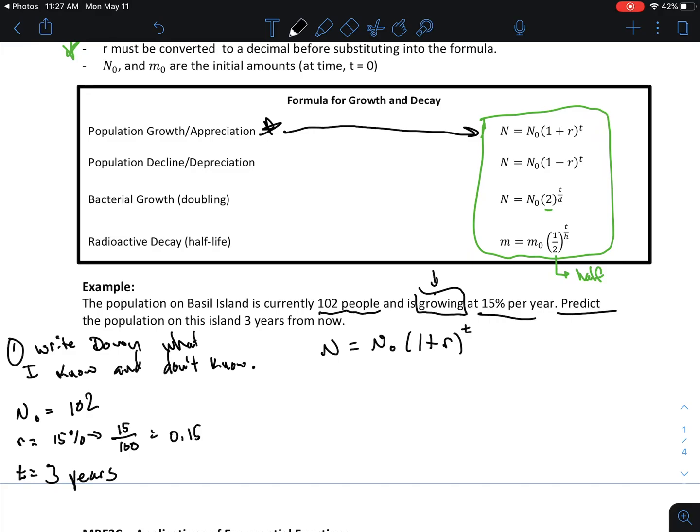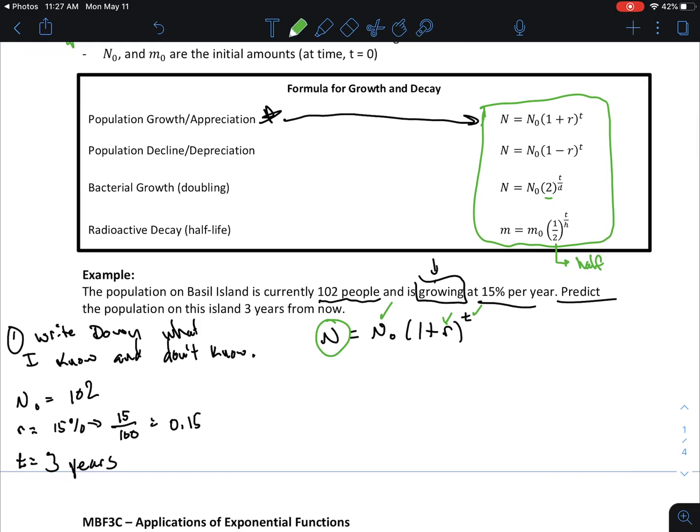Okay, now predict the population on this island 3 years from now. Okay, well, they're telling you the time. Time equals 3 years. Okay, and so the last thing you need to know, I see that I filled in N naught, right? I know N naught, I know R is 0.15, and I know T. So the only thing left to solve for is N, which happens to be the population after these conditions, right?